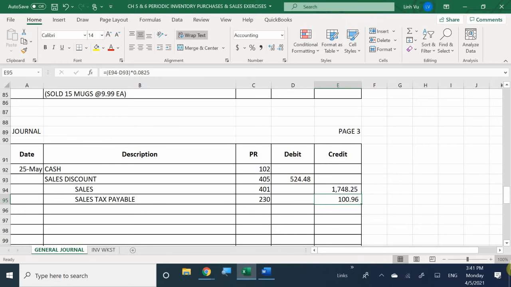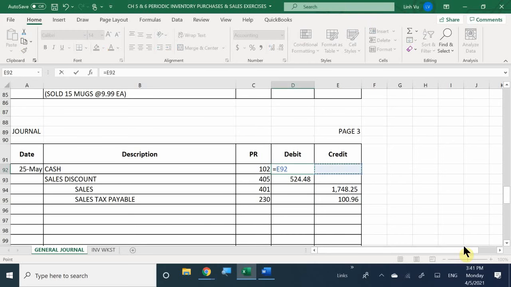So in grand total, how much cash should I actually be receiving? $1849.21. Okay, wait a minute. Never mind. I forgot to take off 524. 1324.73. 1324.73 is exactly what I got.